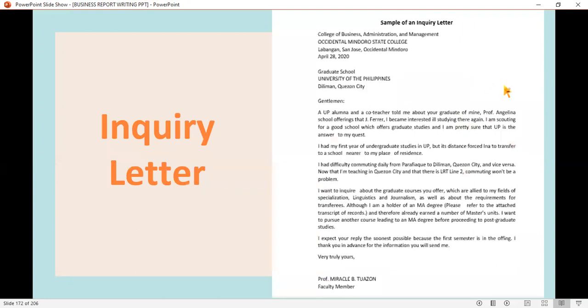So this is an example of an inquiry letter. This is from the module. So you can see the heading here or the letterhead, the address of the one who is inquiring, and the address of the addressee, the one who will receive the letter.